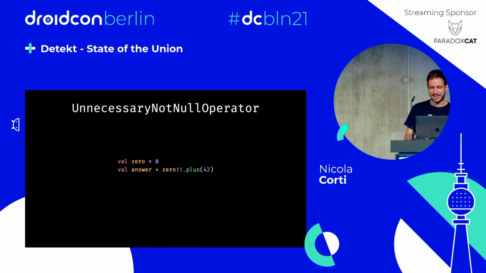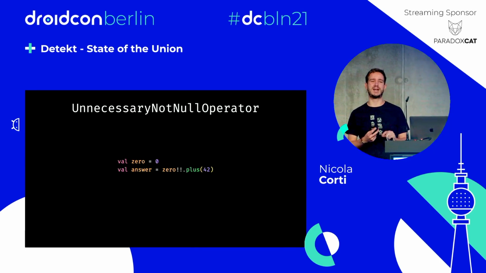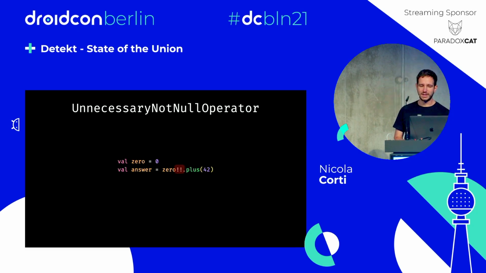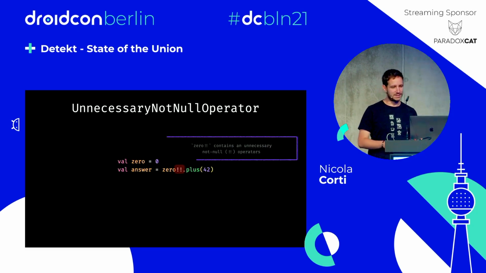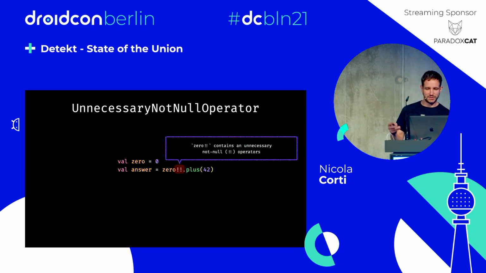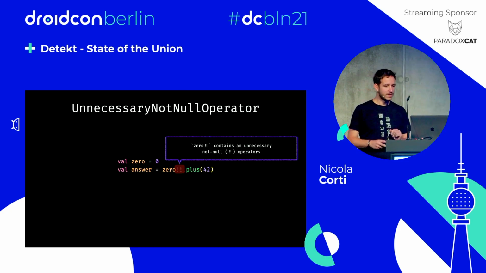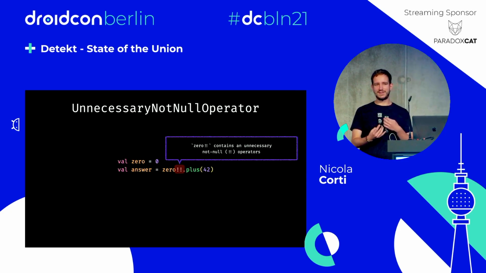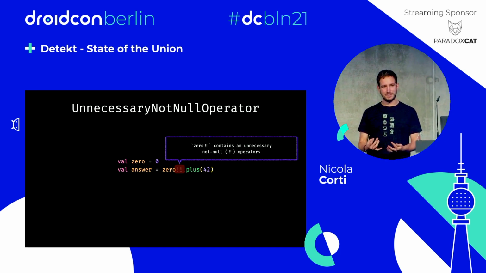So this is a little bit of a subtle type of analysis, because we need to know the type of zero. It's non-nullable Int, so we can make a call at that operator and say, hey, zero double bang contains an unnecessary not-null operator. Here I started to introduce the concept of types.